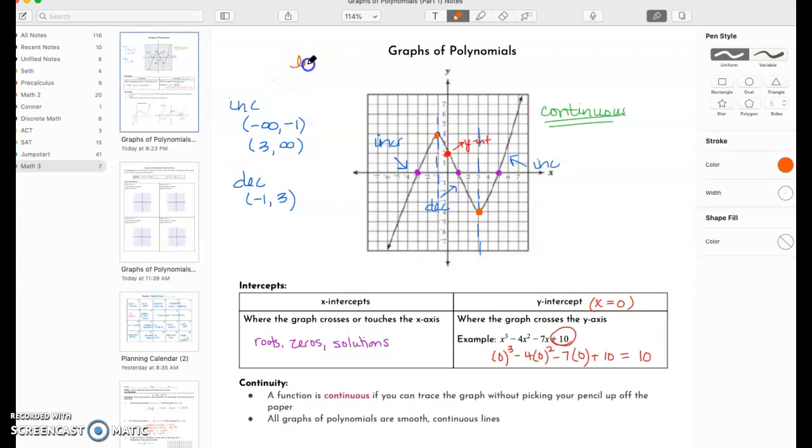So we would have a local max at that high point of -1, 4. And we would have a local minimum at 3, -4. So again, hopefully all of those vocabulary words and finding those things are a little bit of review. You're fairly familiar with most of those terms.